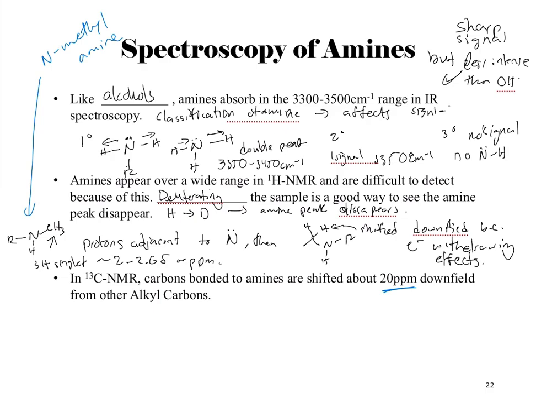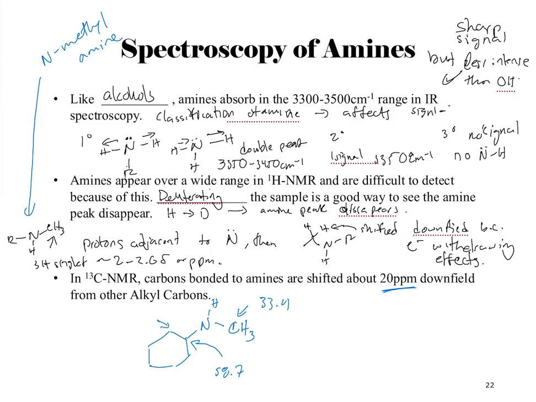So if we had something like cyclohexylamine, or this would be N-methylcyclohexanamine, then this carbon-13 would absorb around 33.4, and this would absorb around 58.7, which would be about a 20 ppm downfield shift.